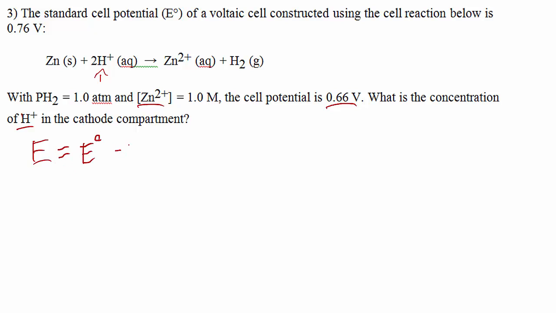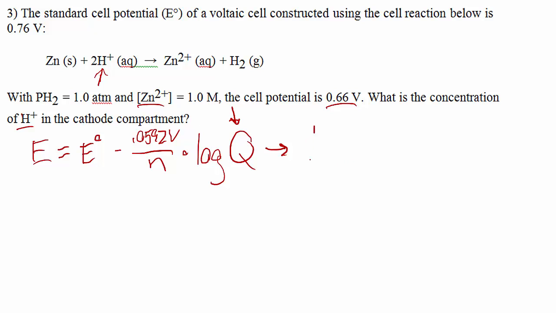E equals E naught minus 0.0592 volts over the number of electrons transferred times the log of Q. Why don't we rearrange this? Because we're interested in that Q expression, since it's talking about the concentration of one of these things.